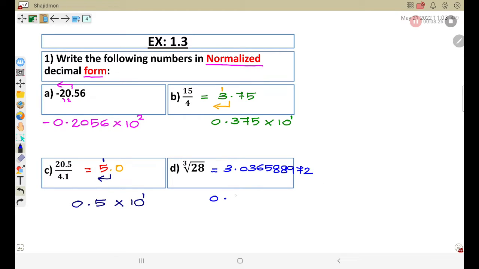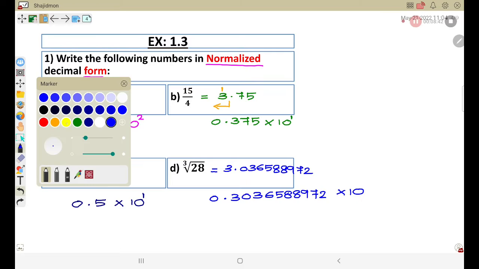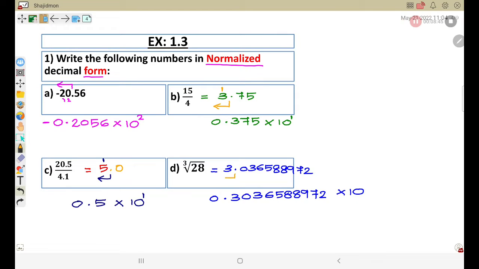First digit should not be 0, but here the first digit is 3, so no problem. 0.3036588972 multiply 10 power. You can check how many numbers are coming before the point. Before the point only one number, correct? So we can write multiply 10 power 1. So that is the normalized decimal form of that number.